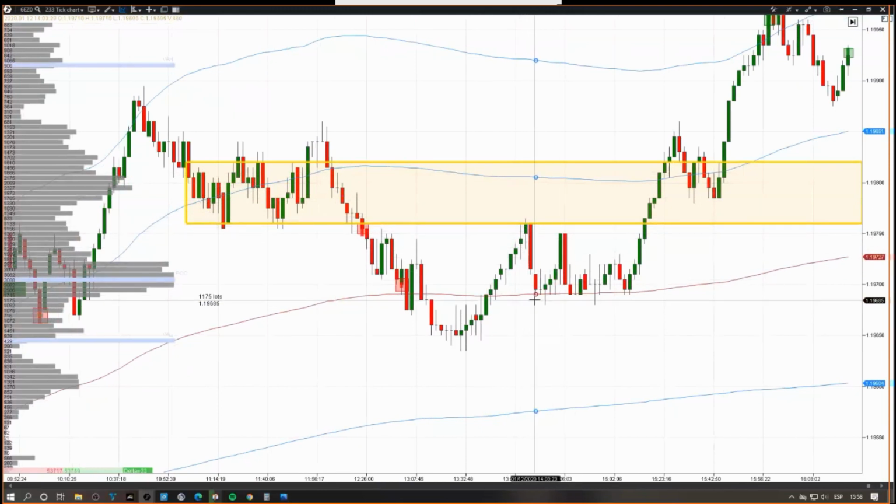Okay, and one of the rules I have is that I have to always be in between the value area high and the value area low, and also in between the deviations, okay? Because that will allow us to have some room to make some money.